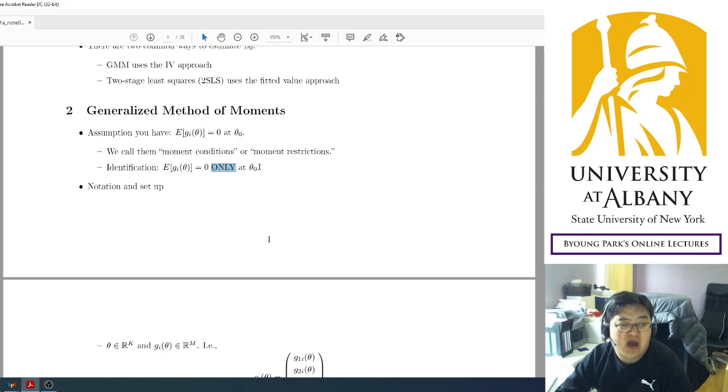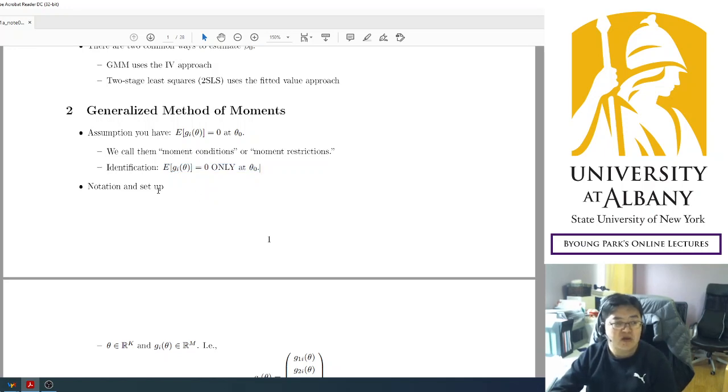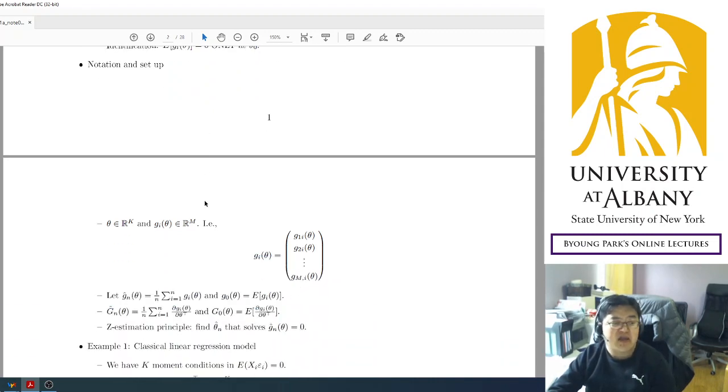And how can we estimate theta based on this condition? This is the main topic we are going to study in this chapter. So think about the notation. I am going to consider a k-dimensional vector for the parameter, so the parameter includes k parameters, and the moment function is m-dimensional. The dimensions can be different.